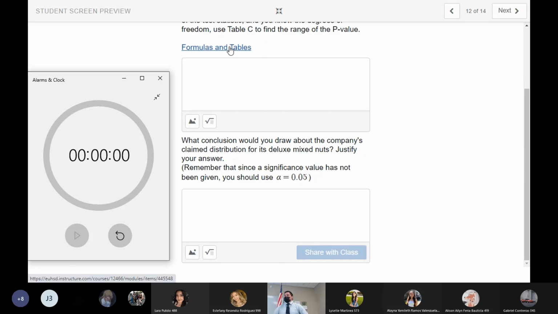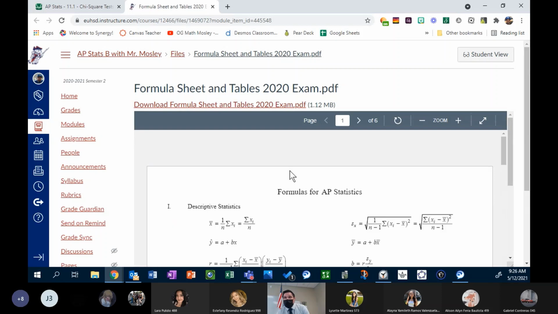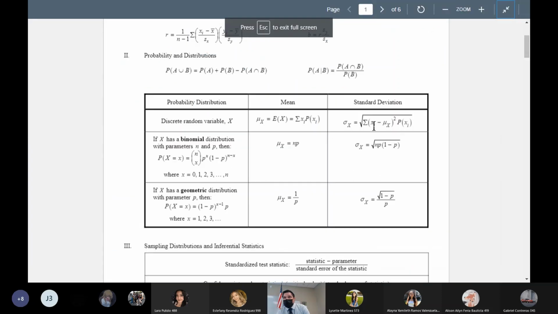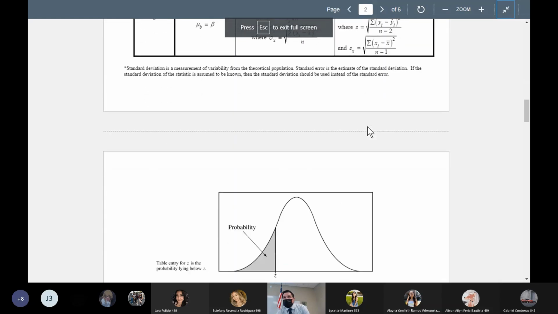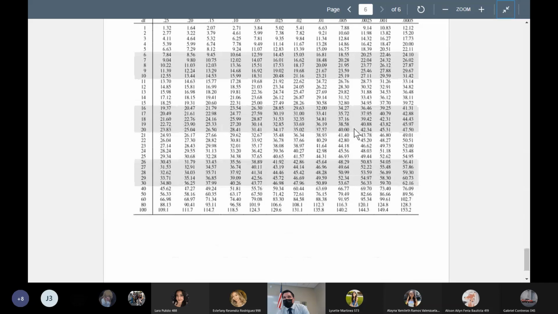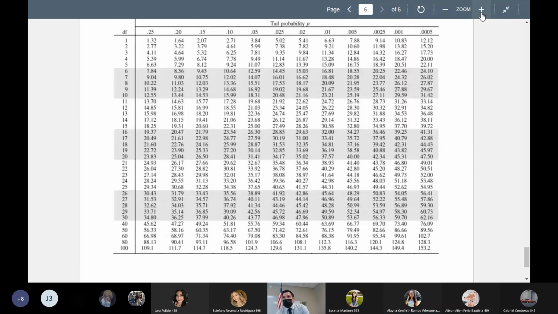All right, so here we go. We're going to talk about this one. I know that some of you are right in the middle of trying to write out your answers for both of these things. That's okay. So if we go to our formulas and tables, and we go to the very last table, which is table C, and we zoom in.